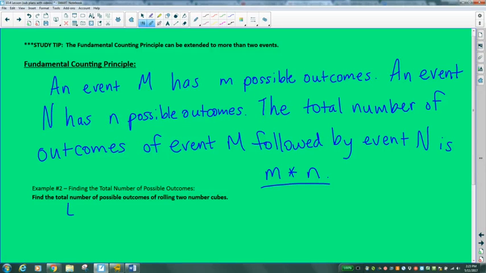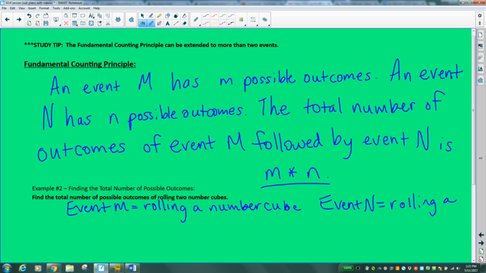Event M is rolling 1 number cube. Event N is rolling another number cube.